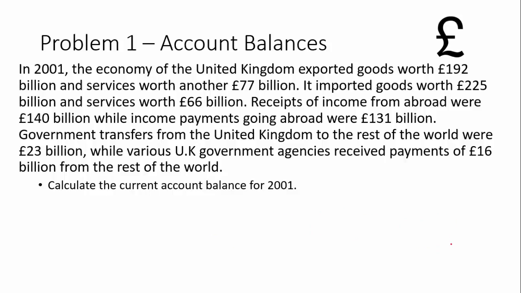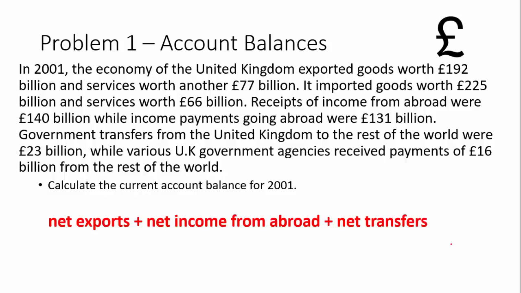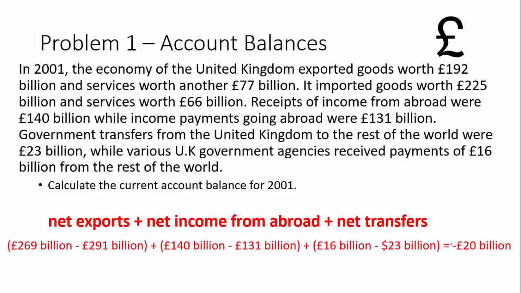Next, let's go ahead and calculate the current account balance. And this really is the calculation, so we're going to throw that out here first. We're going to take net exports plus net income from abroad plus net transfers. So here's our net exports.